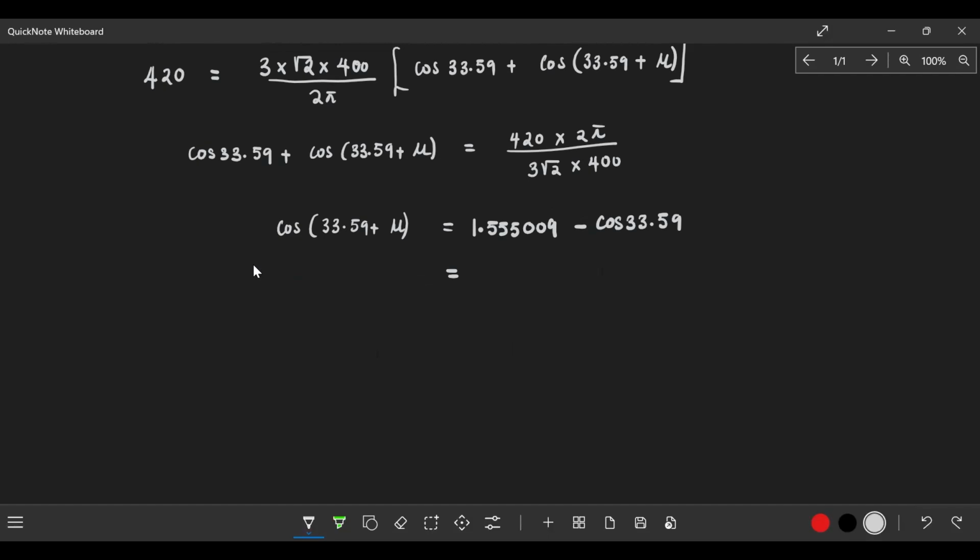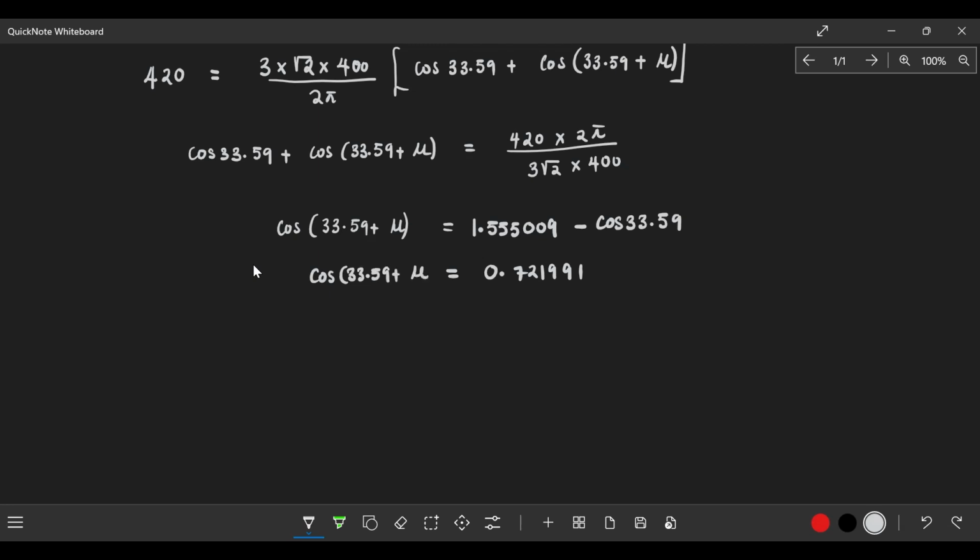I'm going to subtract this minus cos 3.59. So this side I'm getting 0.721991, something like that. So that this side I'm still having cos 3.59 plus mu.